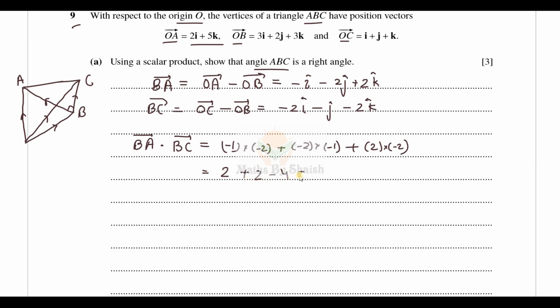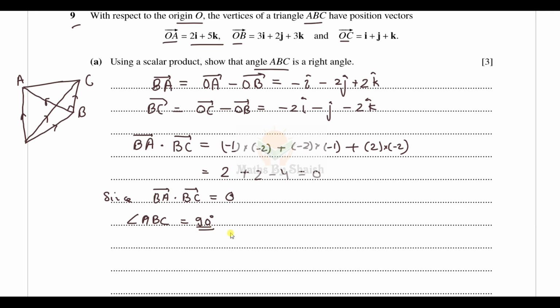So since BA dot BC is equal to 0, the angle between them, that means angle ABC, is 90 degrees. So I hope it is clear. This was quite easy, you can see.